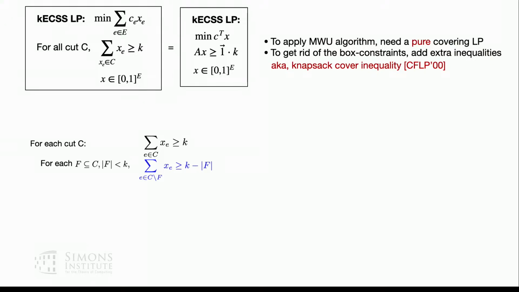We pick any subset F of the edges inside that cut of size at most k, and because we want to remove the box constraint, we add the constraint in a way that forces the solution to pre-purchase the set of edges F. By already buying F, I force the solution to pre-purchase that, so that the remaining part you need to satisfy is k minus |F|. And I do that for all subsets F of size at most k inside the cut.